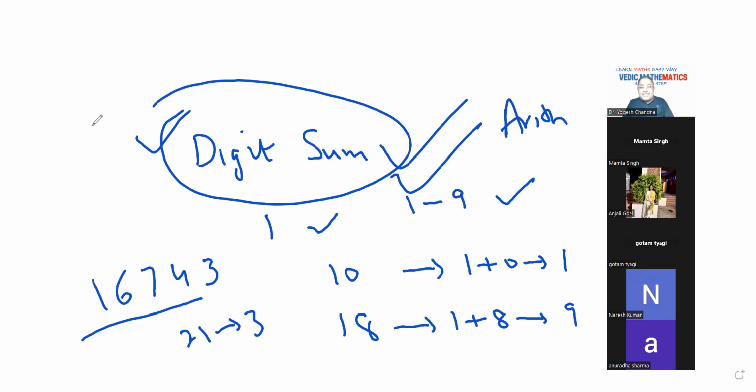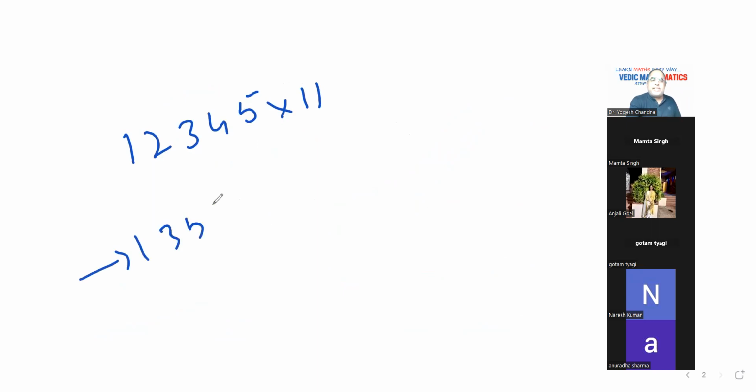Now, this is a reason why our mental mathematics is very slow, because you are reading the question from left to right and you are solving it from right to left. Example to this. What is 12345 into 11? A very simple example is this. The answer is 135795.